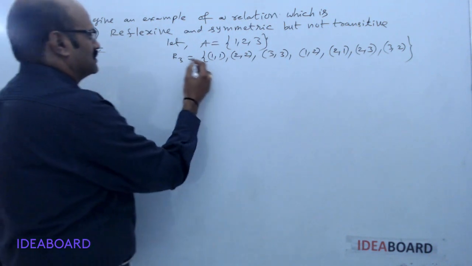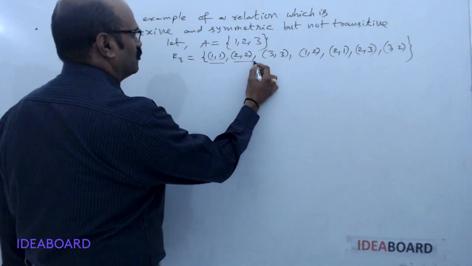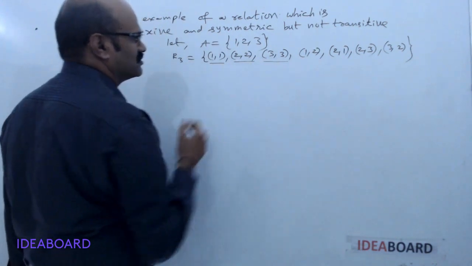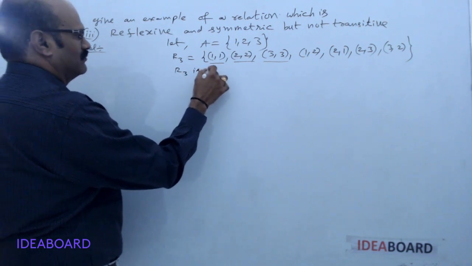Clearly, R3 is reflexive because (1,1) belongs to R3, (2,2) belongs to R3, (3,3) belongs to R3. So clearly R3 is reflexive.